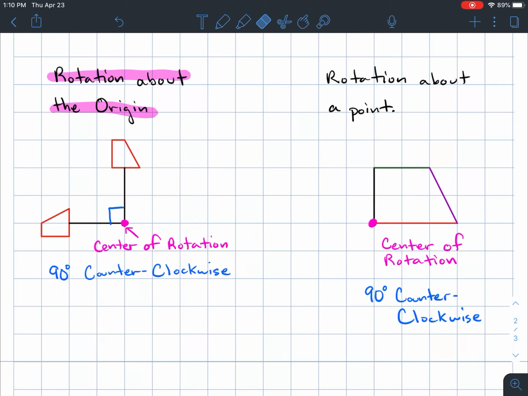So let's go ahead and take a look at a generic example of rotating a shape about a point. So now you pick a point on the shape, and now you're just going to turn the shape so that it's rotating 90 degrees counterclockwise. So now let's do this line by line.